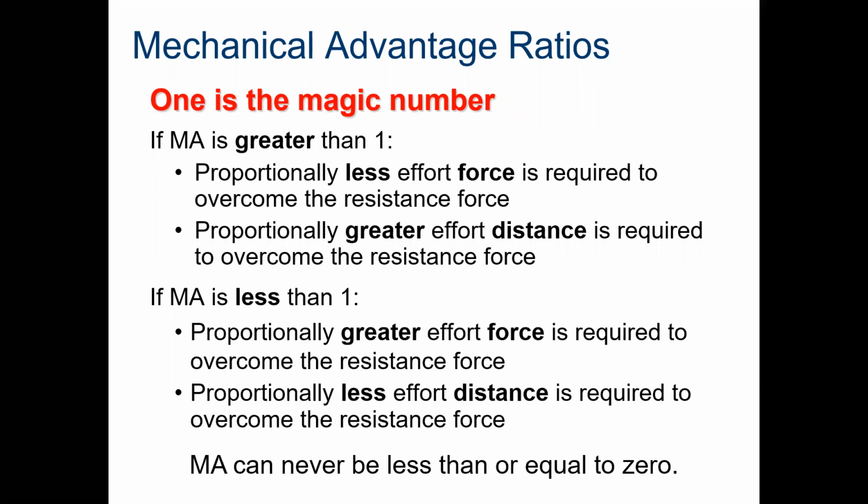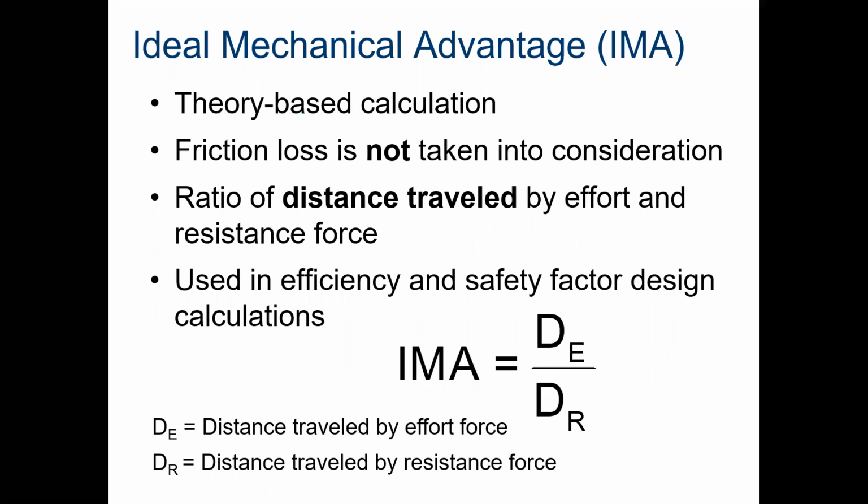You never can have a mechanical advantage less than or equal to 0. So there are 2 types of mechanical advantages, and the 2 main types, the first is ideal mechanical advantage. So what would you expect to happen? It's a theory-based calculation. You don't worry about friction, and you're just saying, what would I expect to happen based on the conditions that I have present in my simple machine.